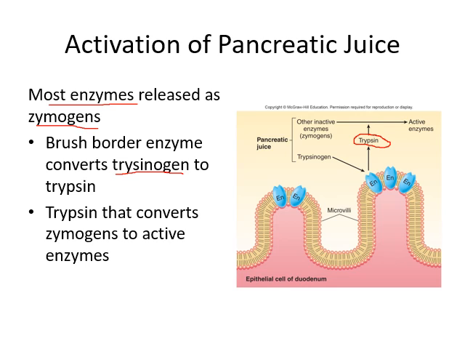It's going to break down or cleave other proteins. In this case, this trypsin is not cleaving the food molecules, but is cleaving the other zymogens, the other inactive enzymes. So when it cleaves, it can create the active enzymes. So that's how we're going to get this activation of these enzymes, since they are released in the inactive form.